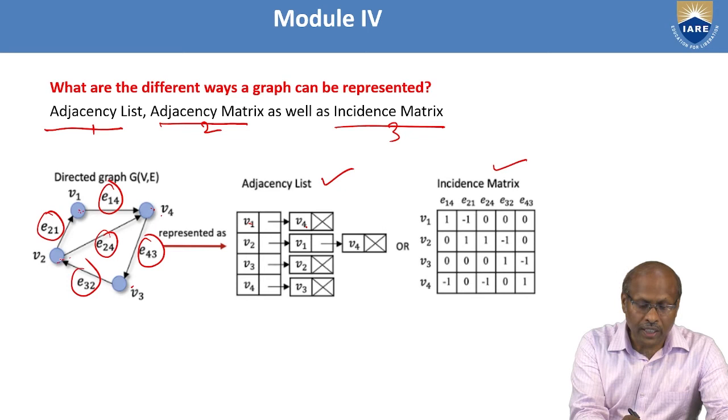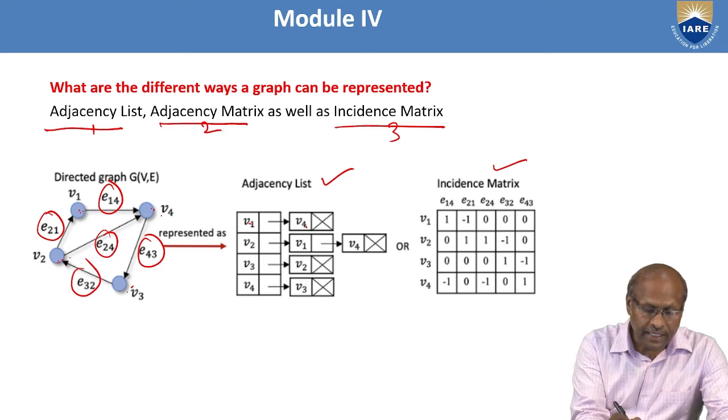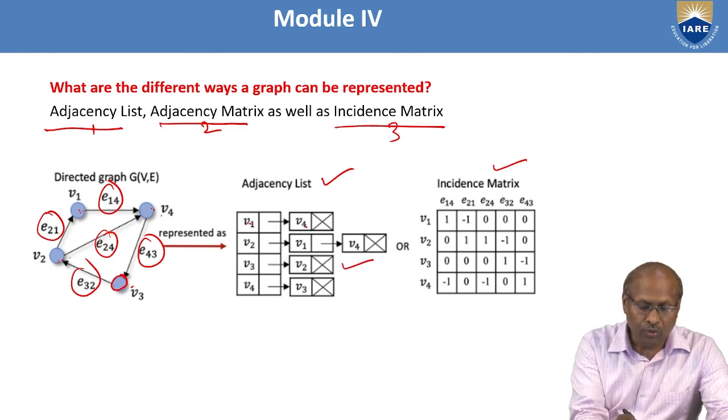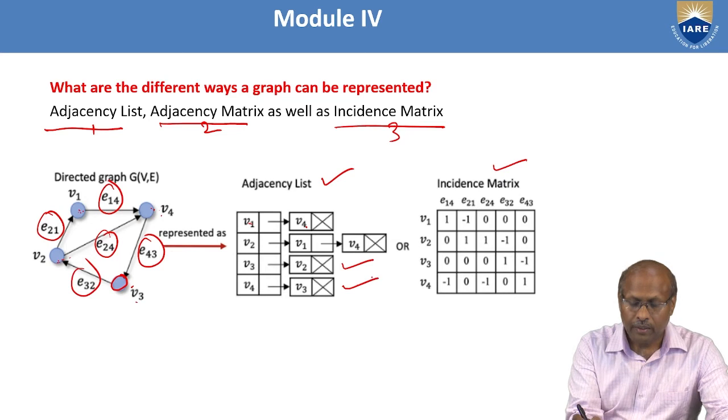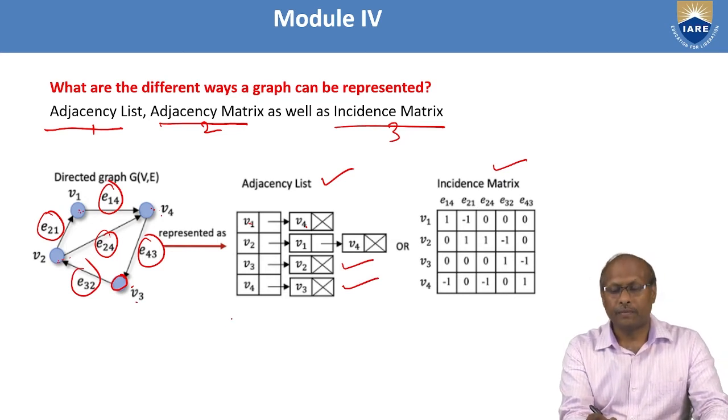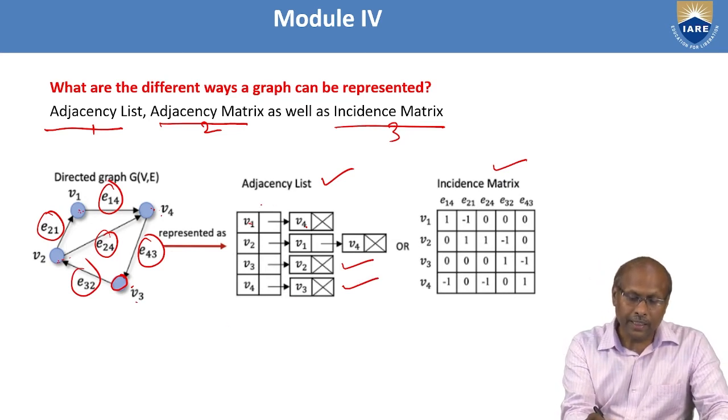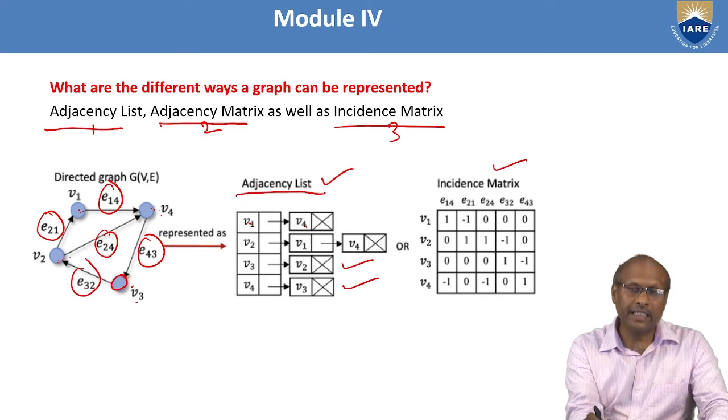V2 is not connecting to V3, so don't write V3 here. Similarly, V3 is connecting to V2 only. V4 is connecting to V3 only. If nothing is there, put a null. This is the representation using adjacency list.